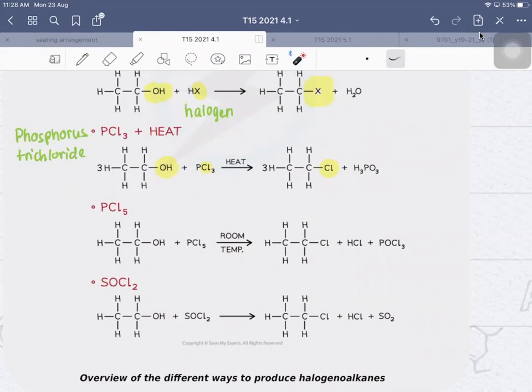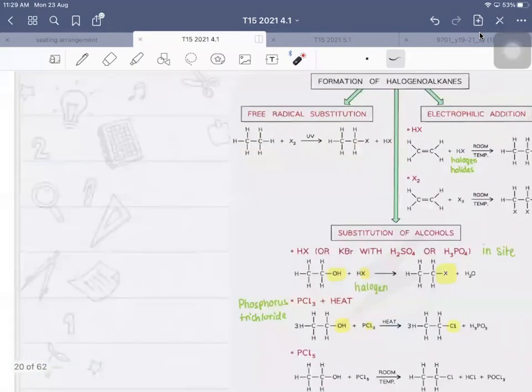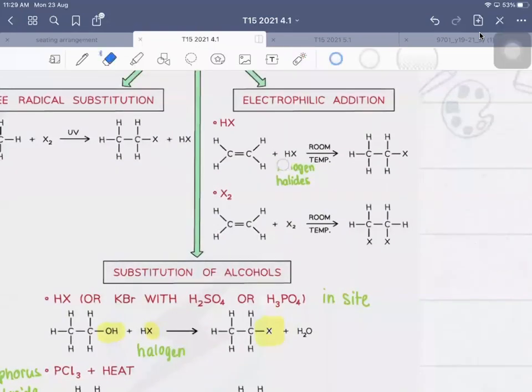Hydrogen halides and halogen halides. No, sorry. Yes, you're right. It's hydrogen halides. Sorry. It's not halogen halides. Thank you for correcting me, Nina.